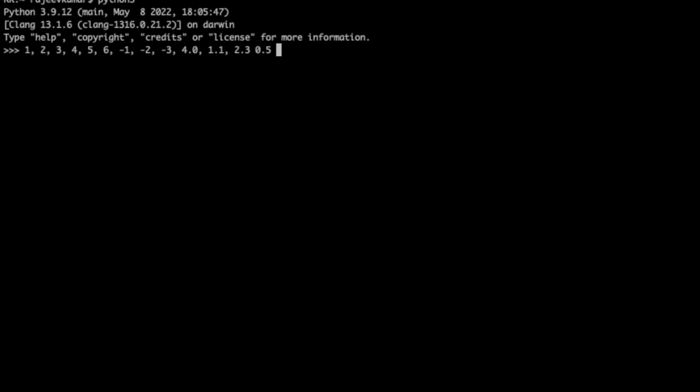It can be a complex number as well, for example 3 plus 4j, 1 plus 2j, 1 minus 2j or something like this. So a number can be an integer, a float or a complex number.